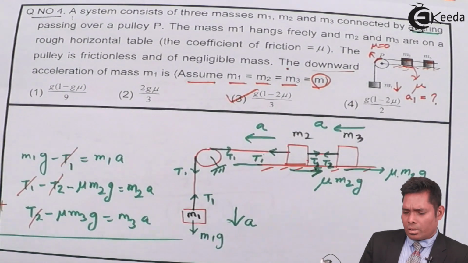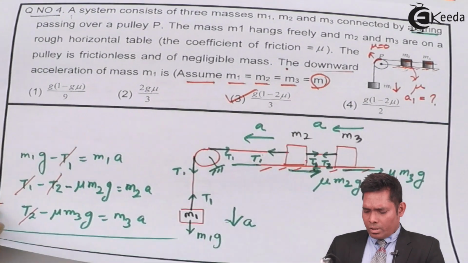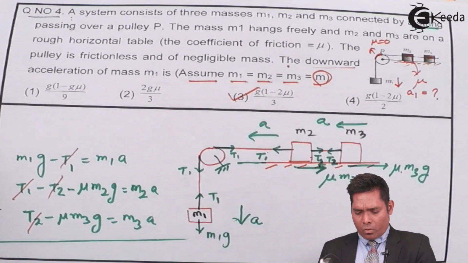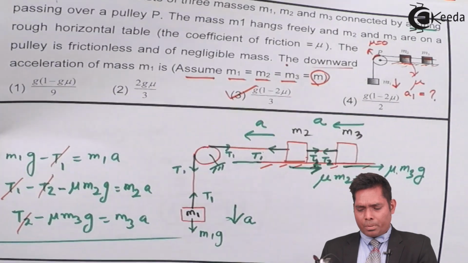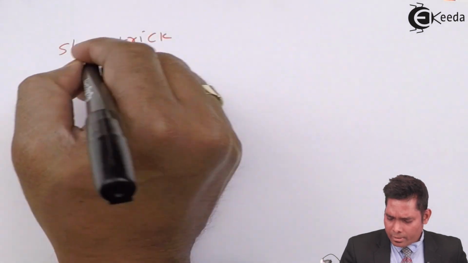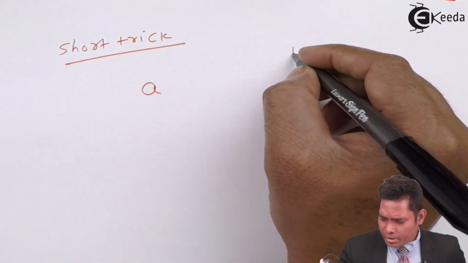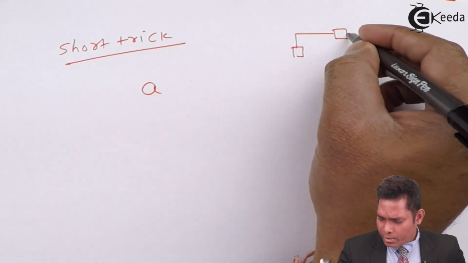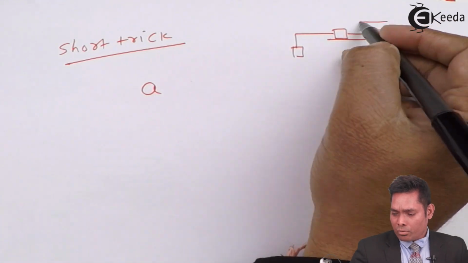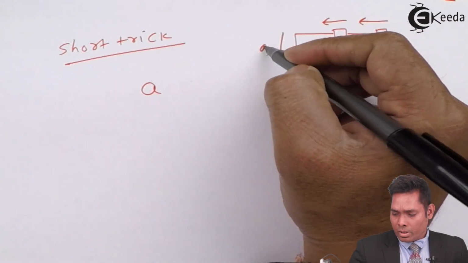What is the shortcut method? In short, without writing the actual calculations of all these equations, you can simply solve it. The short trick is that if I consider 1, 2 and 3, these three are the system moving or accelerating with the same acceleration.